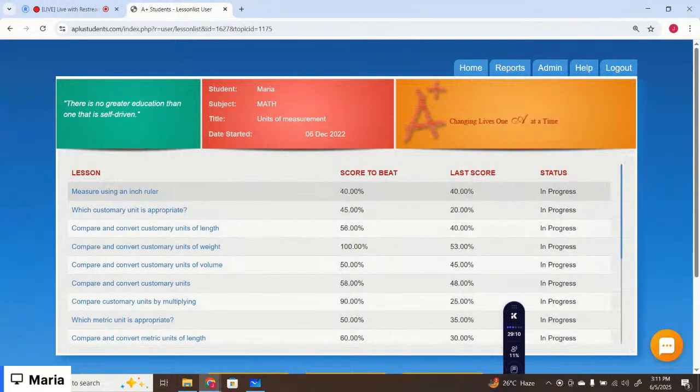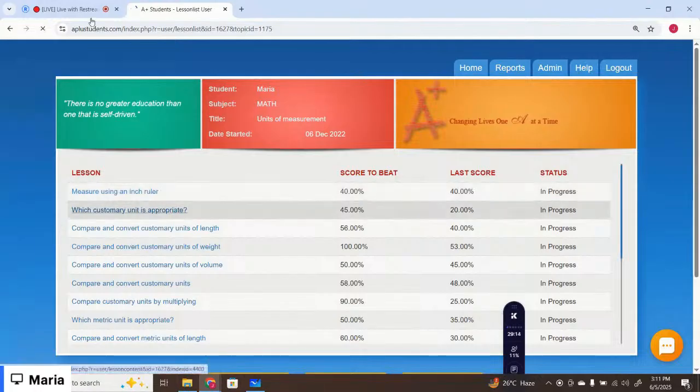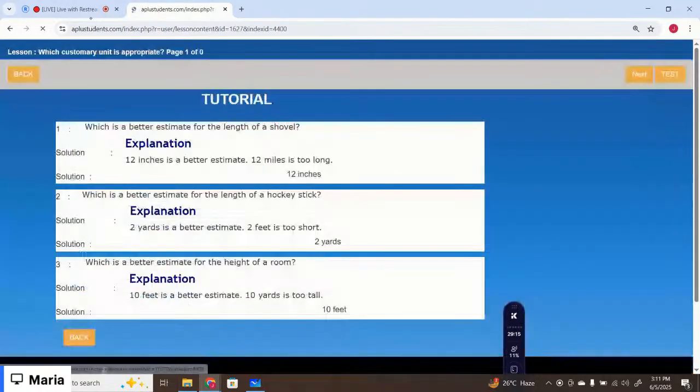Which customary unit is appropriate? Which is a better estimate for the length of a shovel?